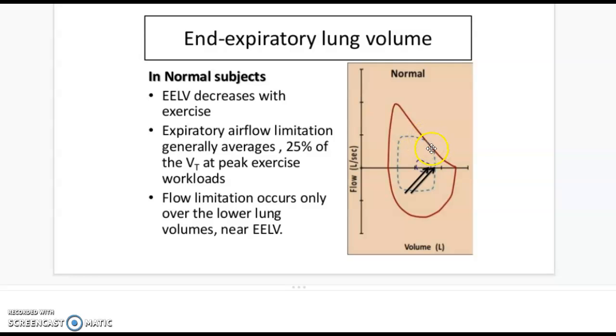Where this lines up with your expiratory limb on your maximal flow graph, that is showing you your expiratory airflow limitation, where those two lines meet up. Flow limitation occurs only over the lower lung volumes near the end expiratory lung volume. So you're going to see it on this side of the loop, which is kind of obvious.